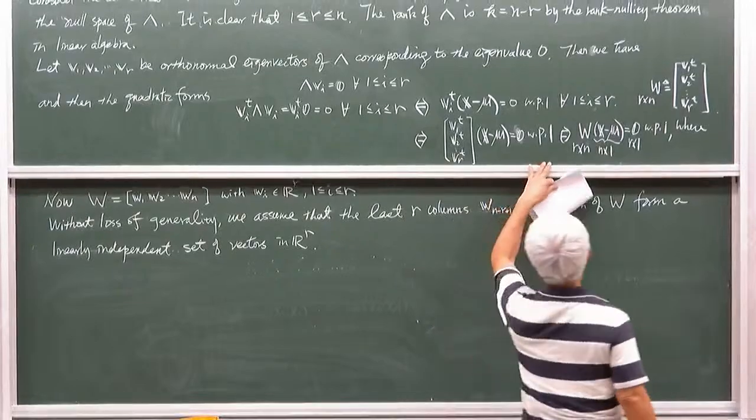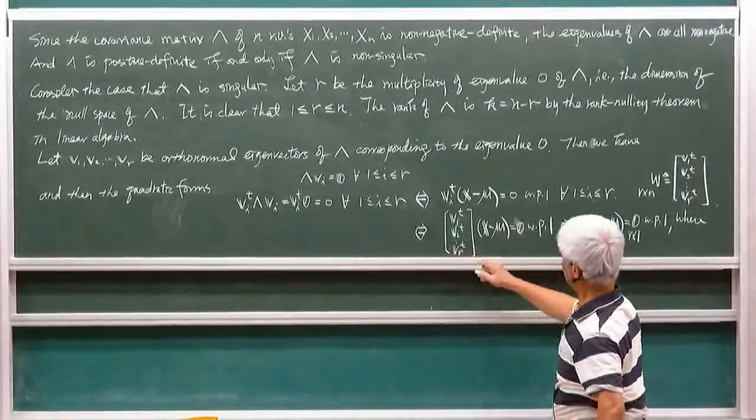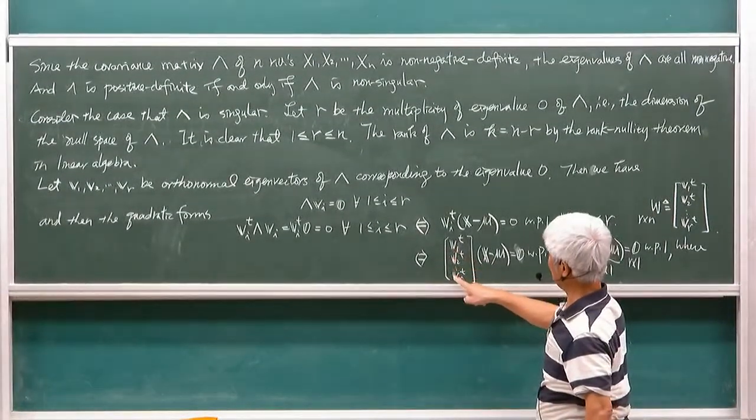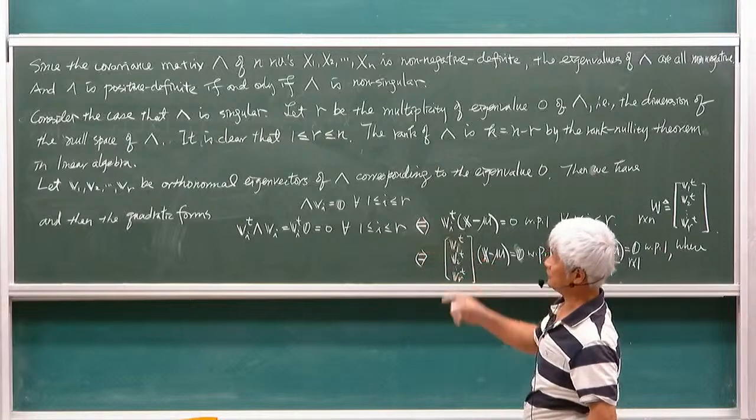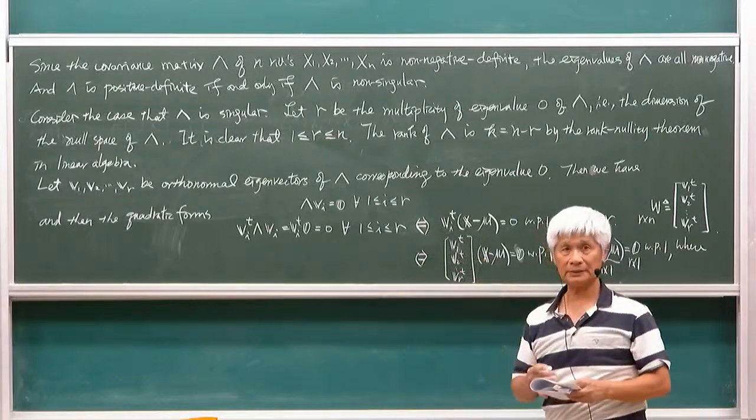First of all, we know that because V1, V2, up to VR are orthogonal to each other, they are linearly independent.